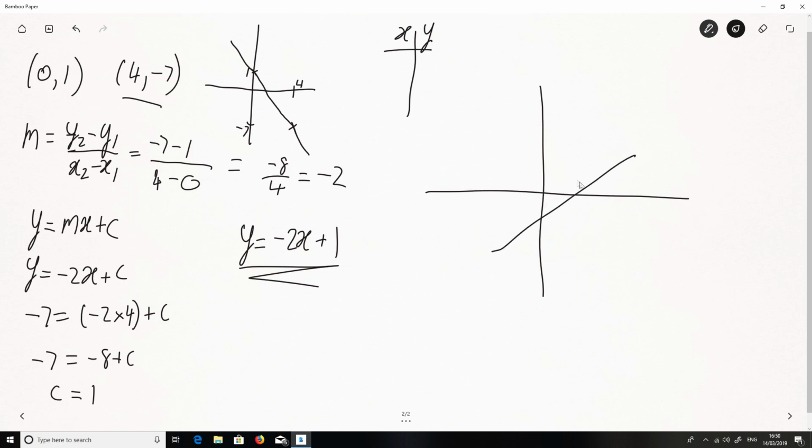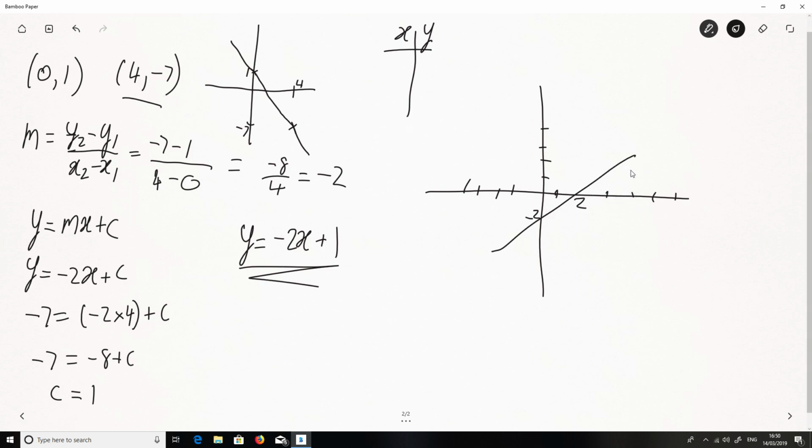So let's just say there, and this goes through 2, and this goes through -2. If you're just given a graph like this, and all of these are labeled up so you can see where it is, all you need to do to solve this is take 2 points that the graph crosses. It can be any 2 points you like, but you create your 2 points and then you solve it the same way.